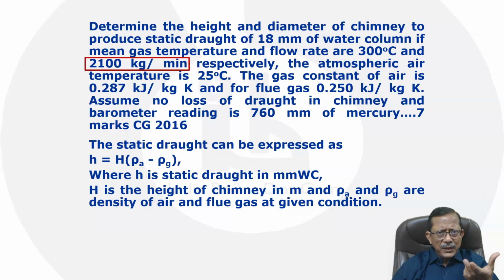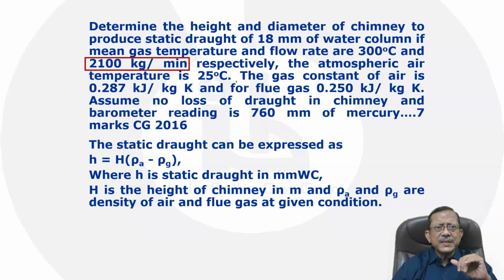So if we can use this equation and if we can find out this rho A and rho G, which apparently in this question is not given, right? But again, this can be found out using another way, which I am going to show you.